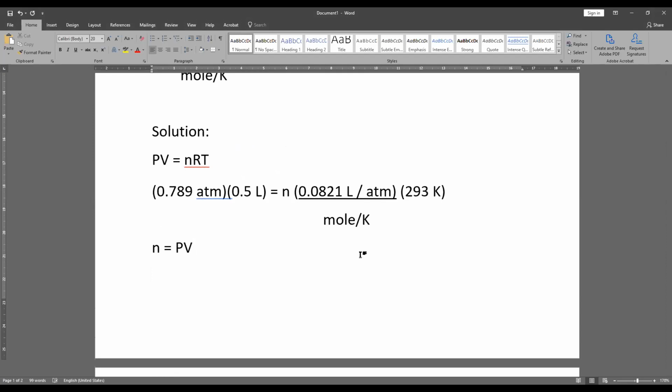You look at the formula. We're just doing this one. PV is equal to proportionality constant times temperature. Simple. It looks like everything is done. Correct?